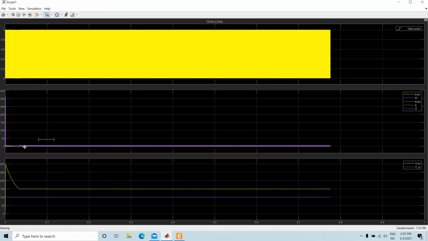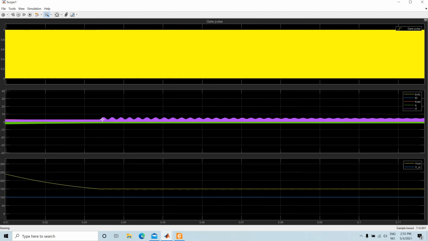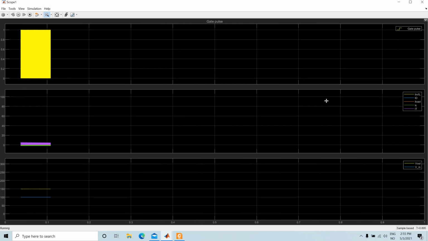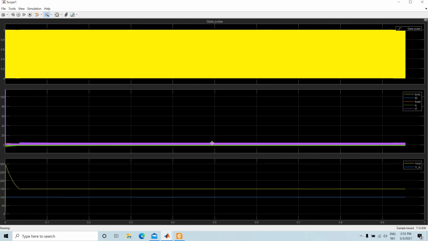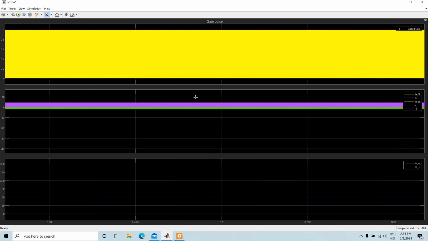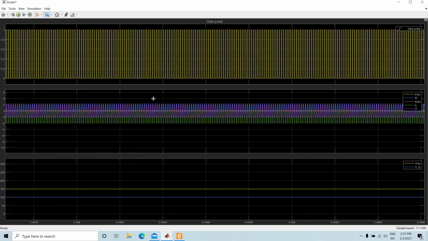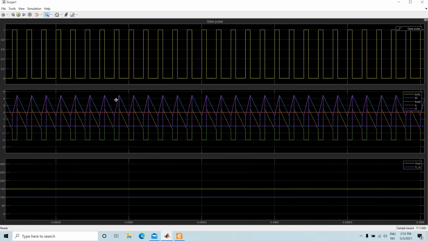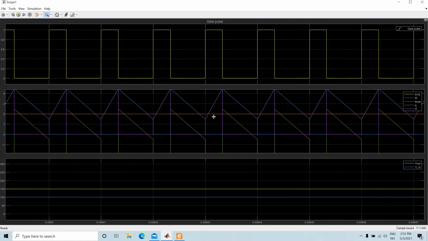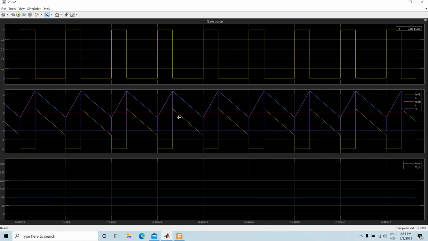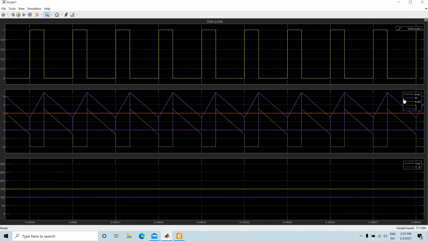If you look here, you can see there is a transient phase which disappears after a certain time. So if we look at our steady state, our input current is this one.